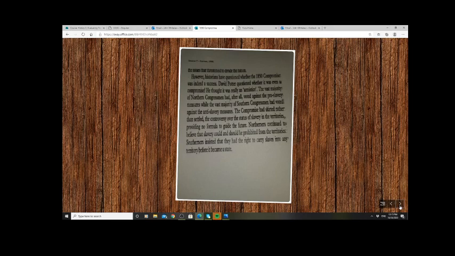What would happen when popular sovereignty actually had to become a practical idea and put into practice? What about when northern states are forced to send back slaves who have escaped? Lots of questions really remained unanswered. So the compromise, as Potter says, had skirted rather than settled the controversy of slavery in the territories.